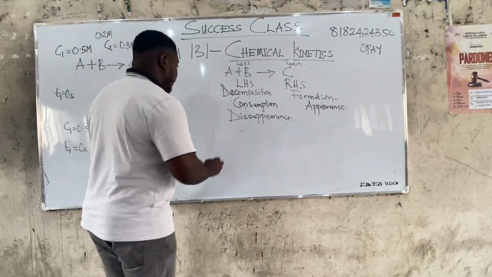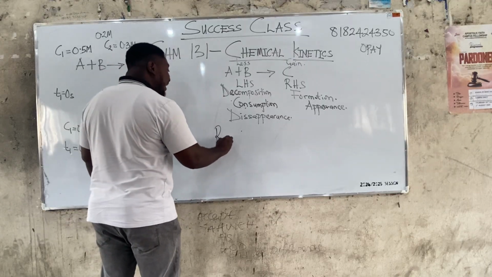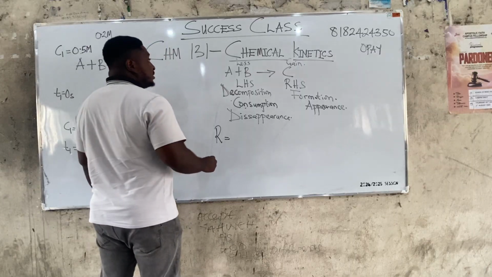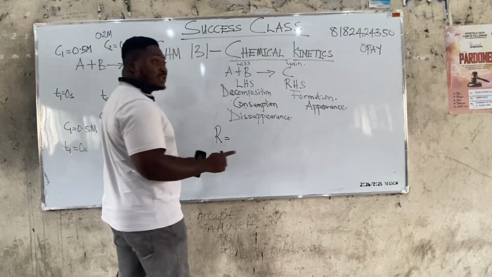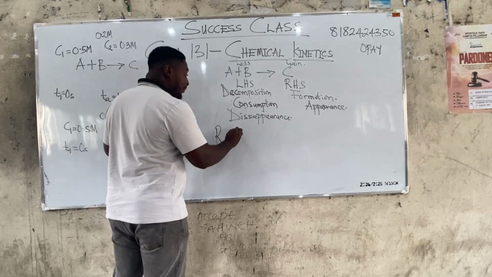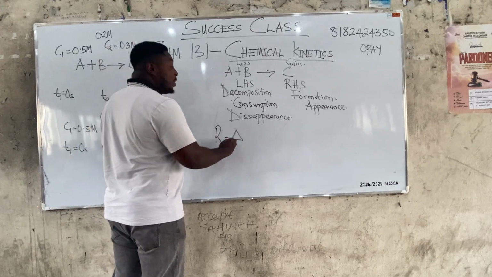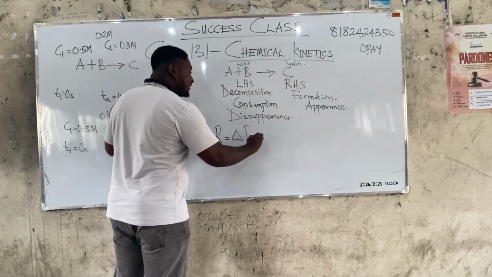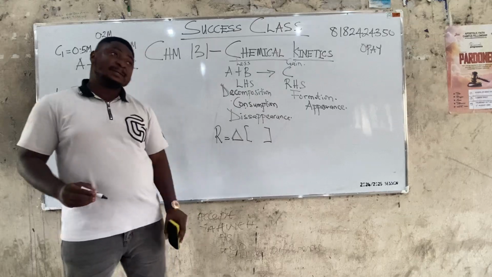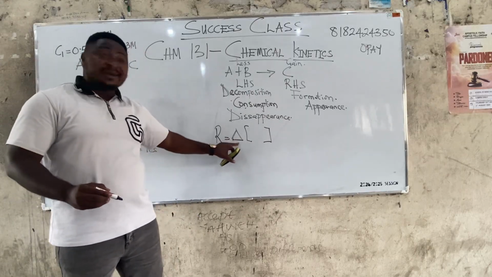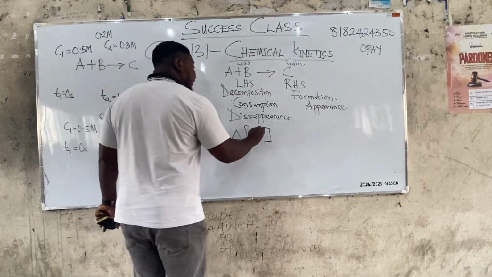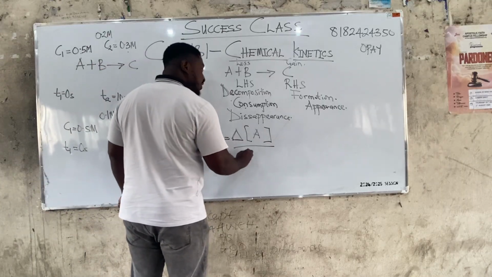So class, if you have A plus B to give C, we say rate of chemical reaction is change in concentration. If I don't want to write change, I can put delta. If I don't want to write concentration, I can put this bracket; this bracket stands for concentration in Chem 131. So rate of chemical reaction can be delta, which means change, in concentration of A all over change in time.